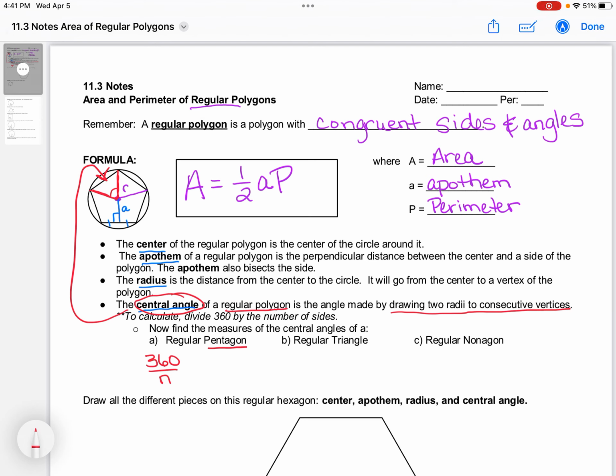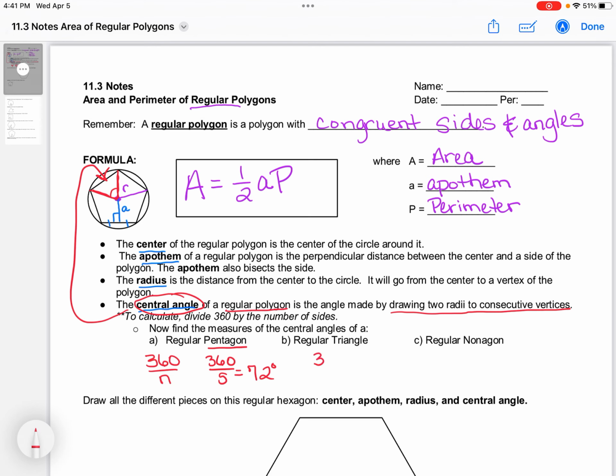Now we're talking about the angle from the center of the pentagon to two vertices. So for a pentagon, we're going to have 360 divided by 5, and that's equal to 72 degrees. This is how much it is in the picture up here that was a pentagon. The central angle that I did in red is 72 degrees.